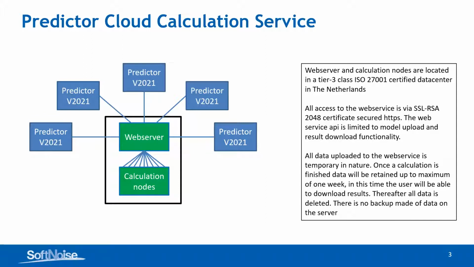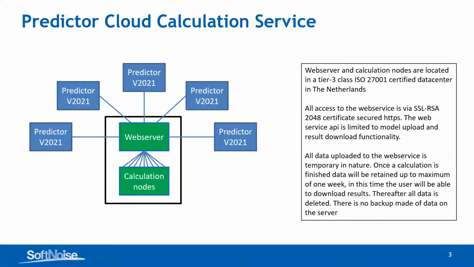Predictor will connect to this data center, and all data needed for the calculation will be automatically passed on to the web server in that data center. The link to the web server is, of course, a certificate secured HTTPS. And that's, of course, needed to guarantee your security.